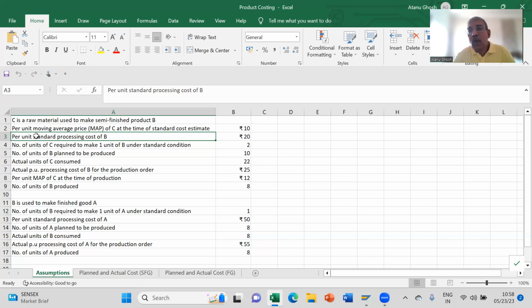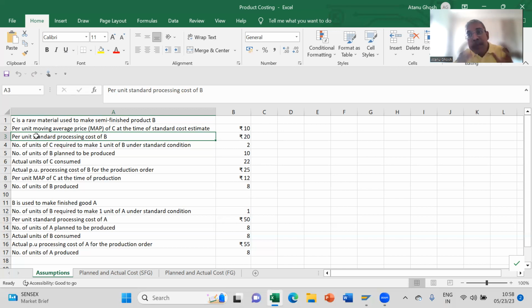Then you estimate what is the per hour standard cost of using a machine, or per hour standard cost of using labor. Note that this can only be an estimated number, because it is impossible to know beforehand which specific labor is going to work in a particular production order, or even which specific machine is going to be used for a particular production.